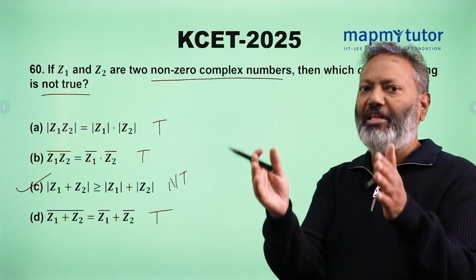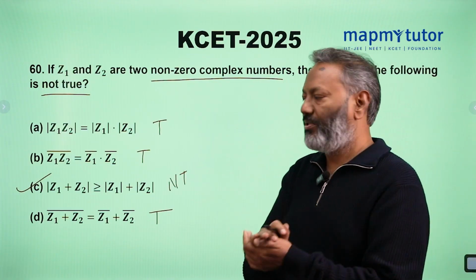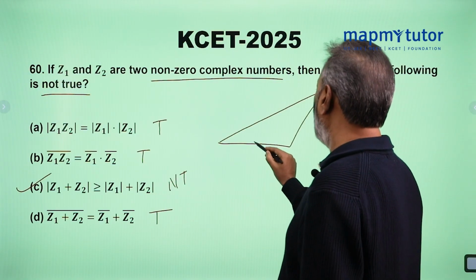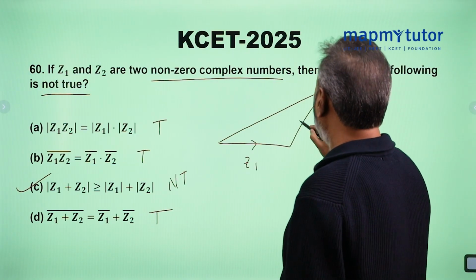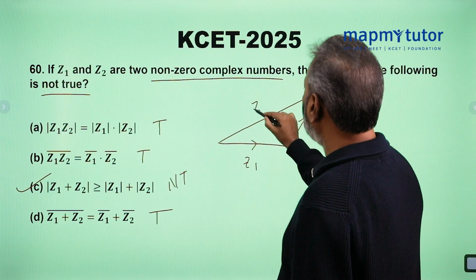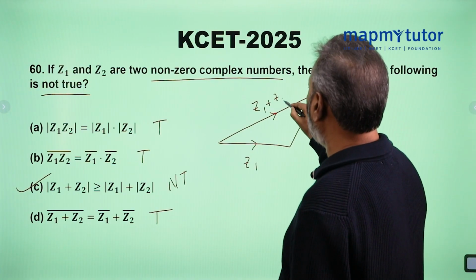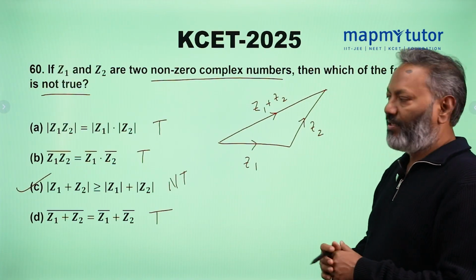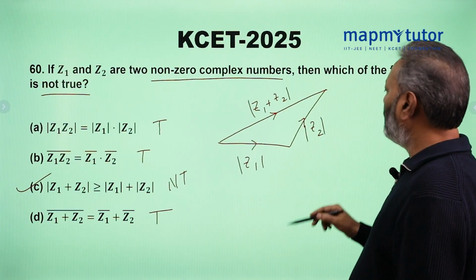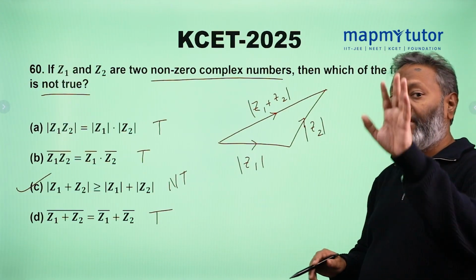We know modulus of any complex number represents its magnitude. Let me consider a triangle where one side is Z1, the other one is Z2. Automatically, the third side will be Z1 plus Z2 using our vector knowledge. And if I put modulus now, we know they represent the lengths of the sides.